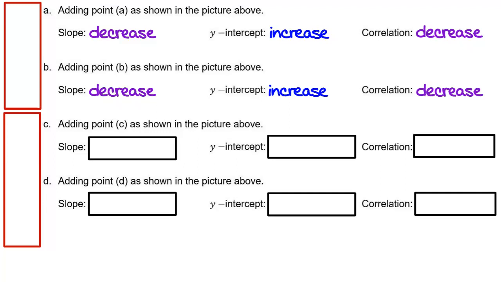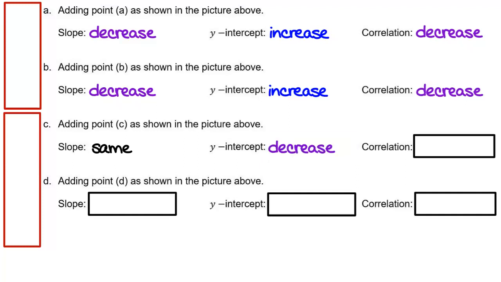Point C. What happened to your slope? Mine stayed about the same. And we'll look at this here in just a minute. Go ahead and change it on your page if that's not what you saw, and I'll demonstrate what I was hoping we would see. What happened to your y-intercept for point C?